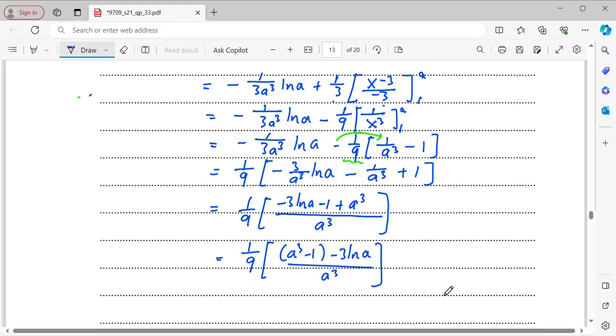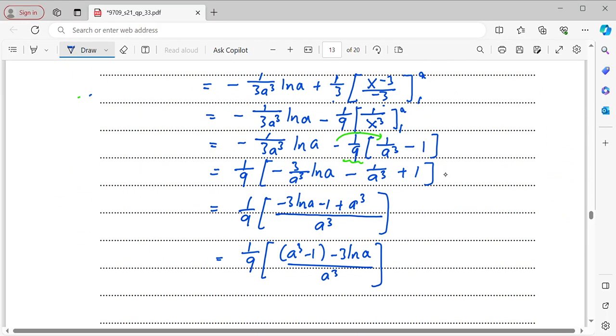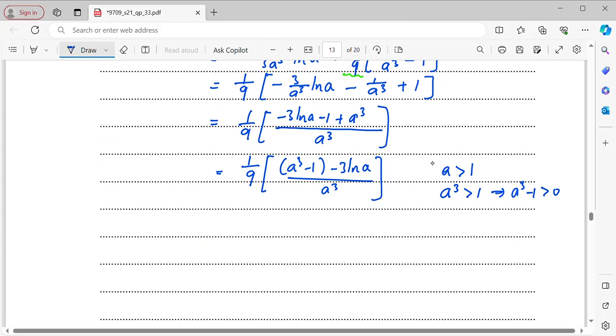Now, let's look at the condition for the a. Your a is more than 1. So when your a is greater than 1, a cubed will be greater than 1 as well. Okay, which means a cubed minus 1 is greater than 0. Now, I have proven that the first term is greater than 0.